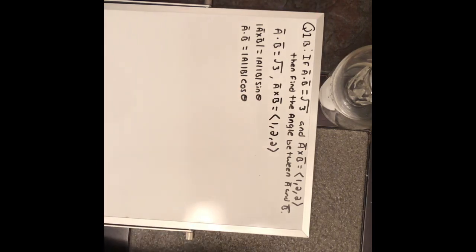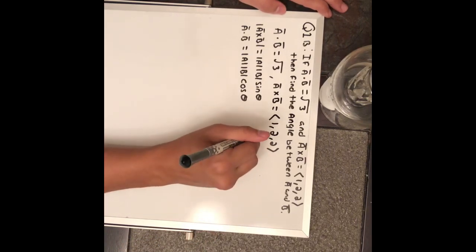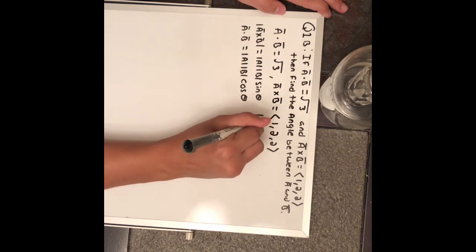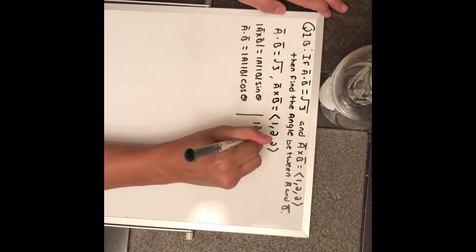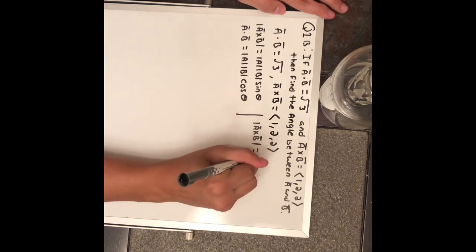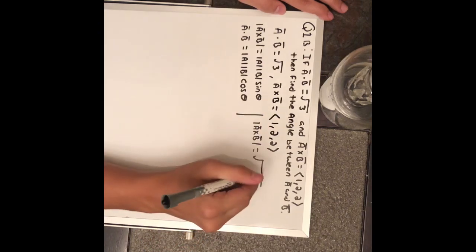Okay, so now that we have these identities, we should probably seek to find the magnitude of A cross B. We can do that easily right over here. The magnitude of A cross B will become the square root of the insides squared.